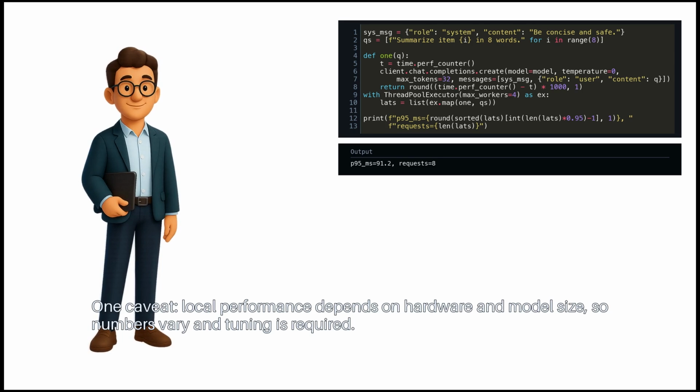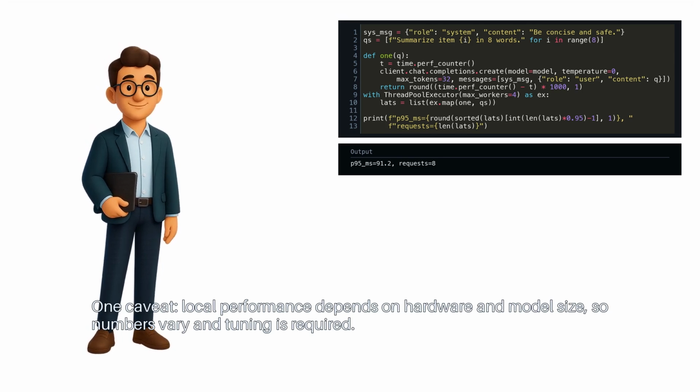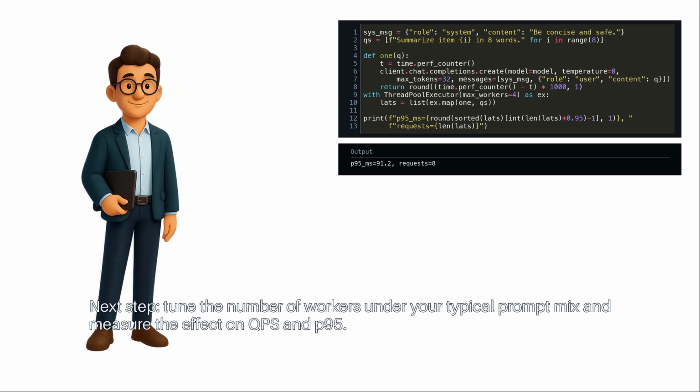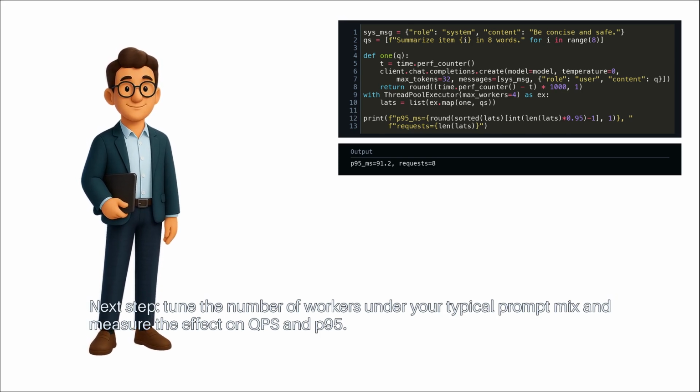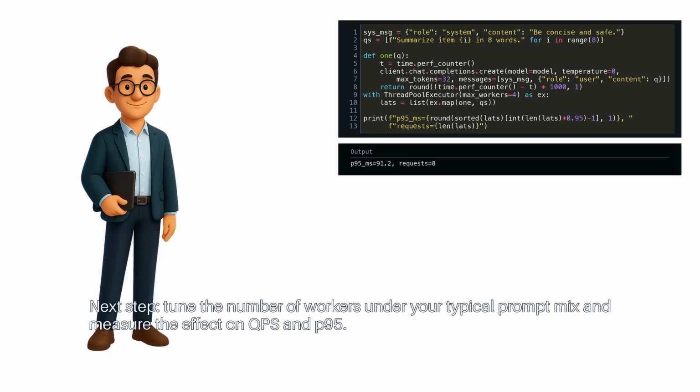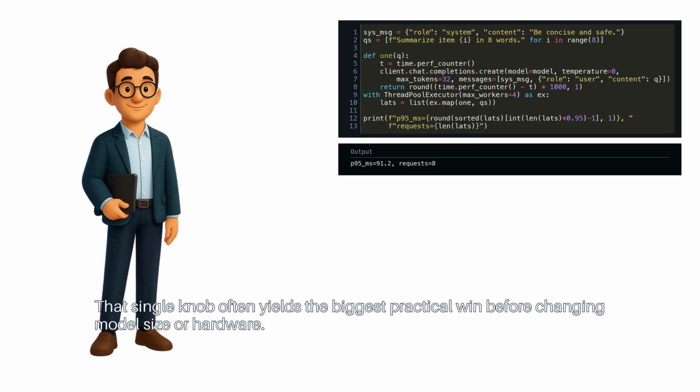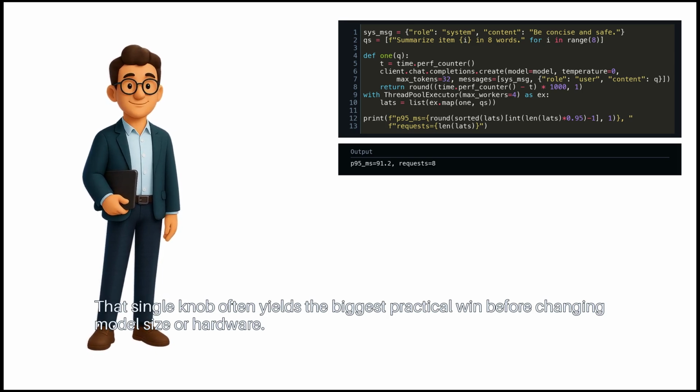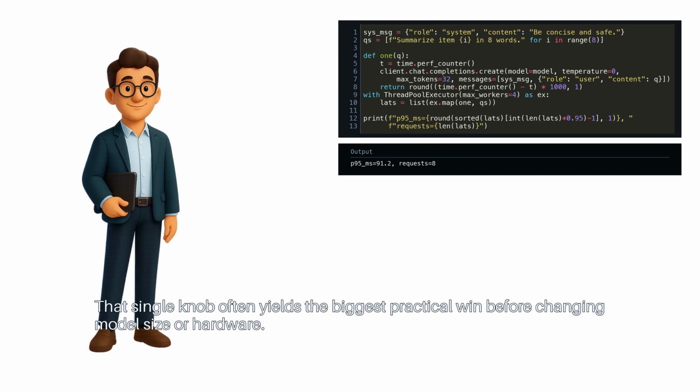One caveat: local performance depends on hardware and model size, so numbers vary and tuning is required. Next step: tune the number of workers under your typical prompt mix and measure the effect on QPS and P95. That single knob often yields the biggest practical win before changing model size or hardware.